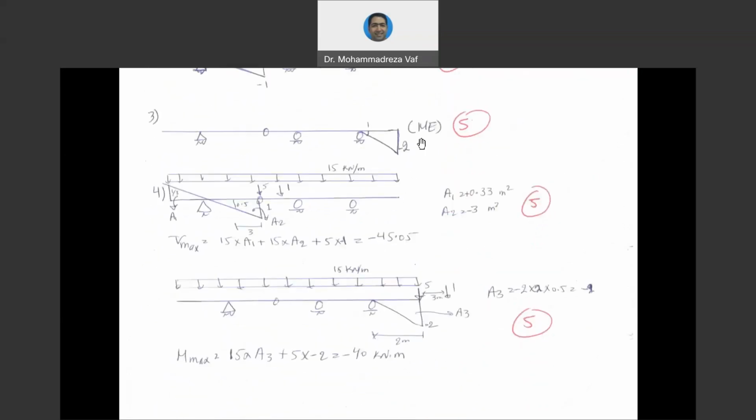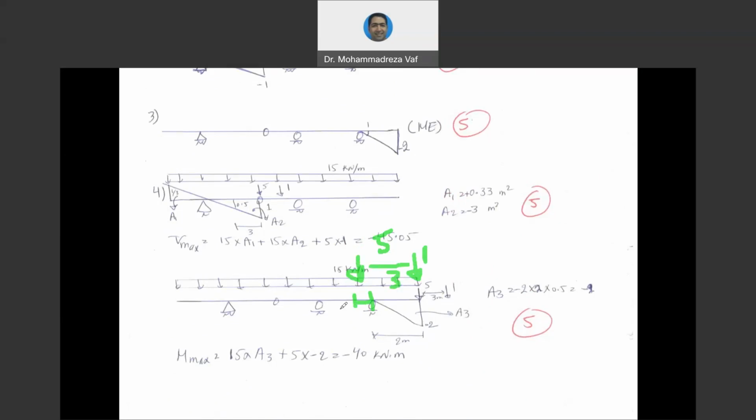So the second case definitely is not going to be the critical case, in which you have the 1 here and the 5 is 3 meters away, meaning 1 meter behind this support. So you get only 1 multiplied by -2, which is much smaller than 5 multiplied by -2.